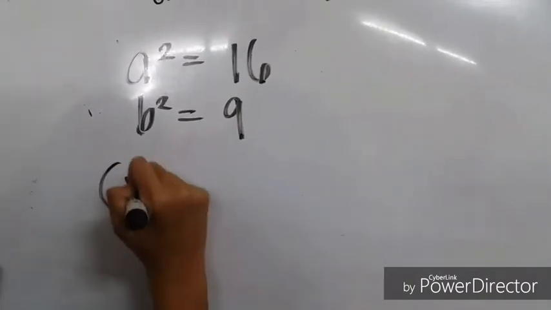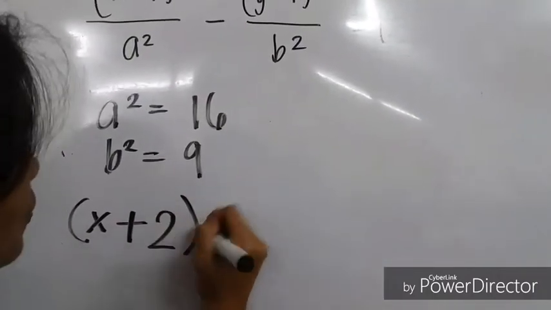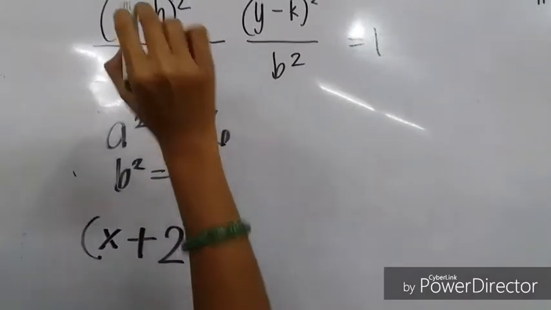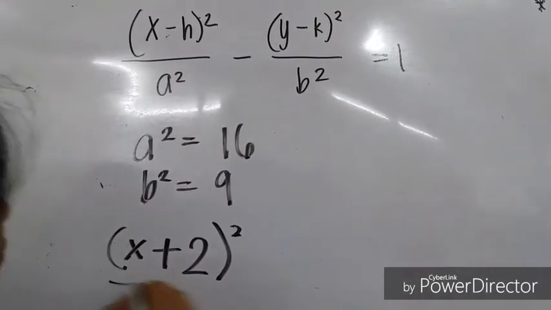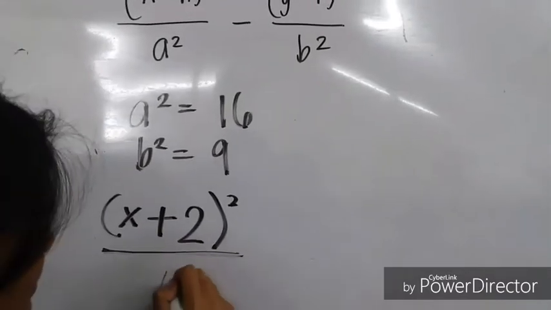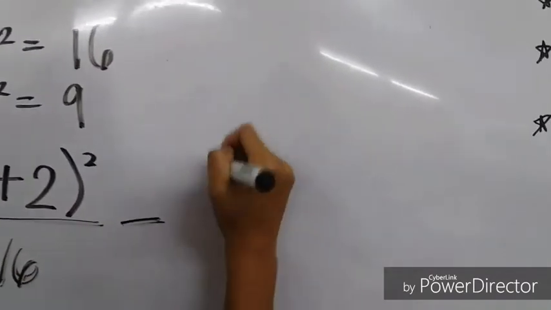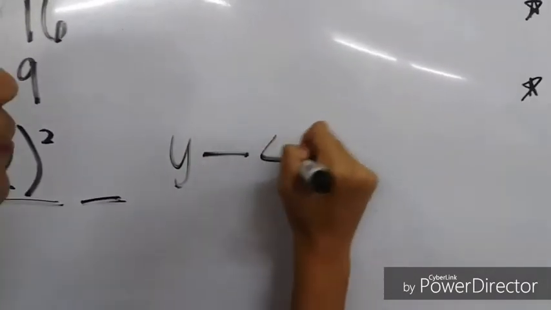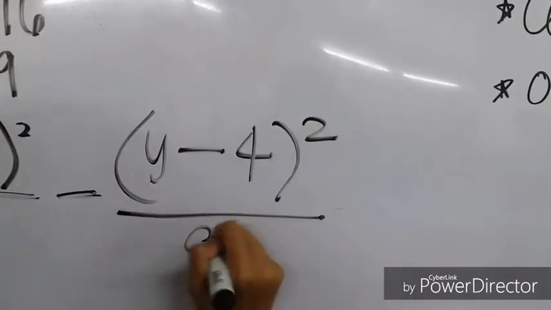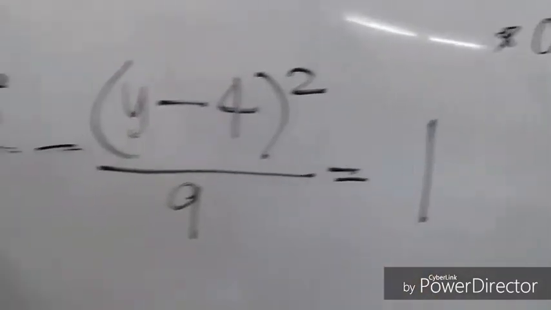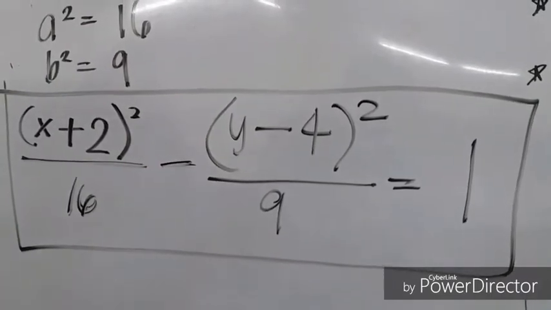So, x plus 2, because minus -2 is equivalent to plus, squared divided by 16 minus (y minus 4) squared over 9 equals 1. So this is your complete answer for the standard form of the hyperbola.